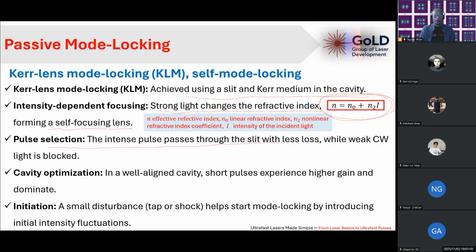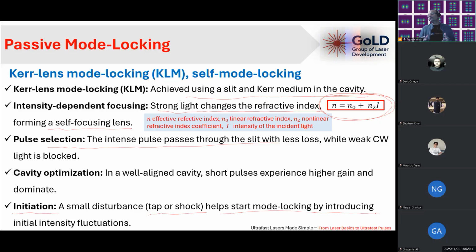So how is this mode locking started, the initiation of this effect? A small disturbance, let's say on the optical table we introduce a small disturbance, a jerk, shake a bit, and mode locking will start.